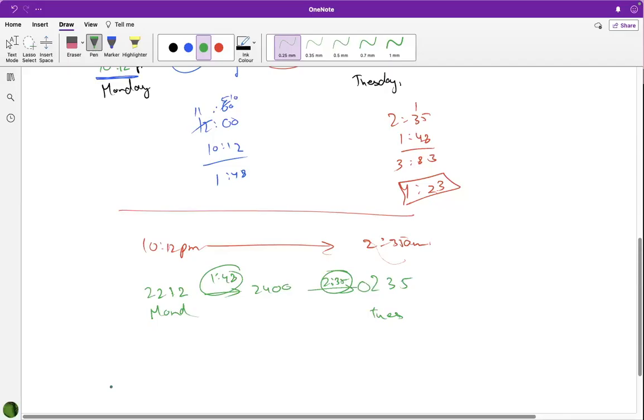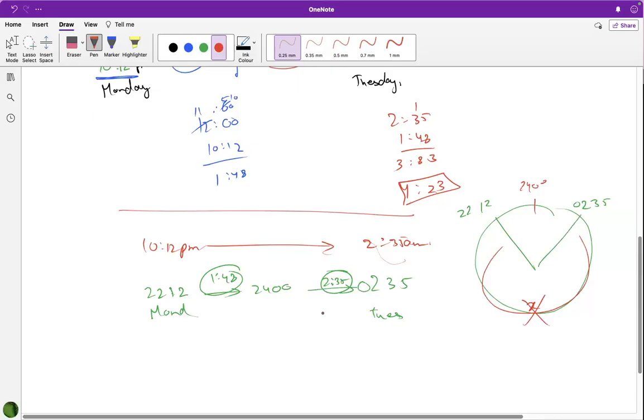We'll somehow know that it is 4 hours something, not 8 hours something, because we know 22:12 is behind 24 and 2:35 is after 24. Let me draw that. I know that 22:12 is somewhere here, and 2:35 is somewhere here, and it is passing through 2400. So I'll know it is close to 4 hours, not 8 hours. If we subtract 22 and that, we get something which is not required, because it started at this time and ended at that time.